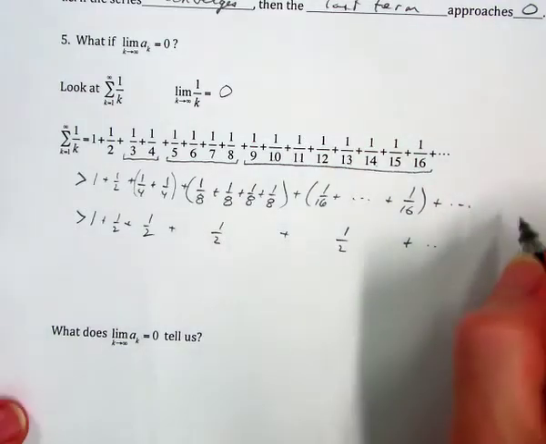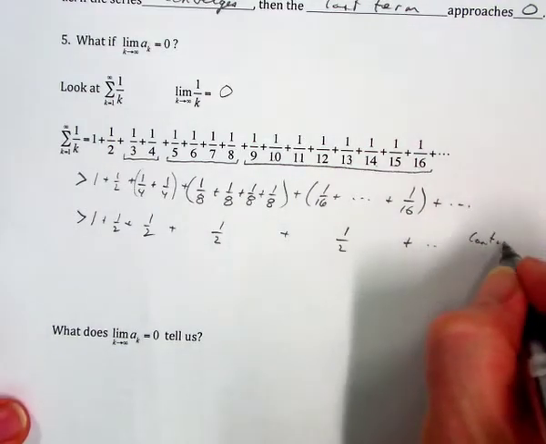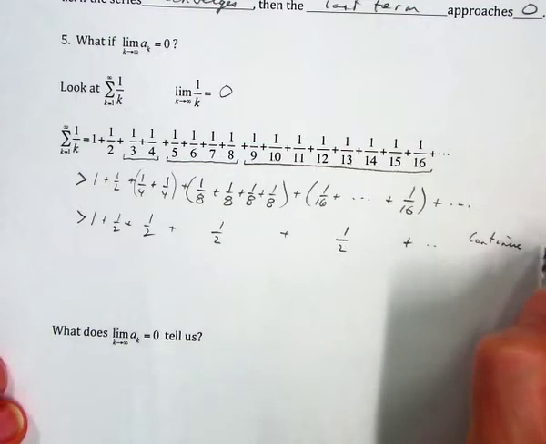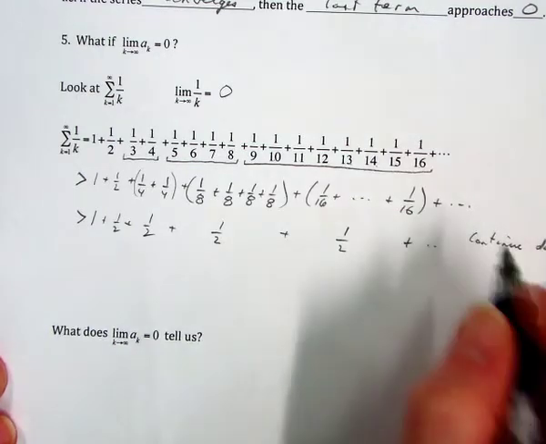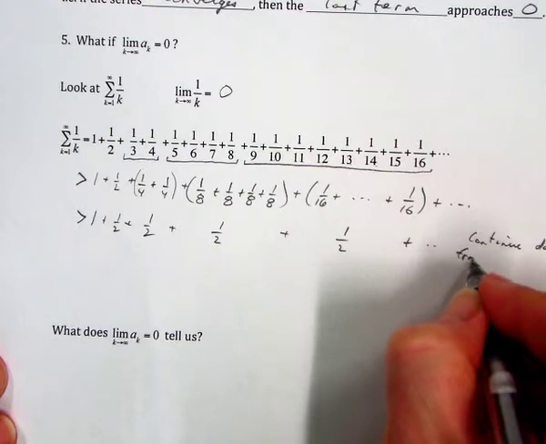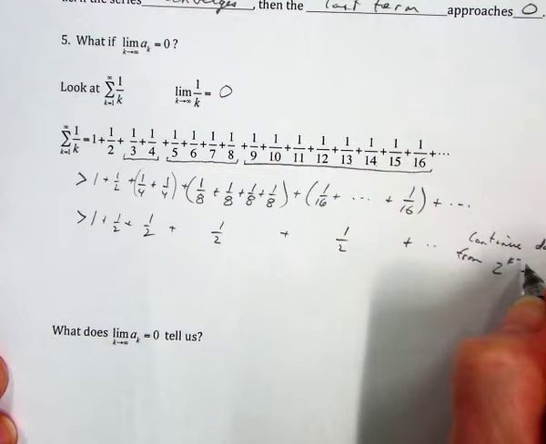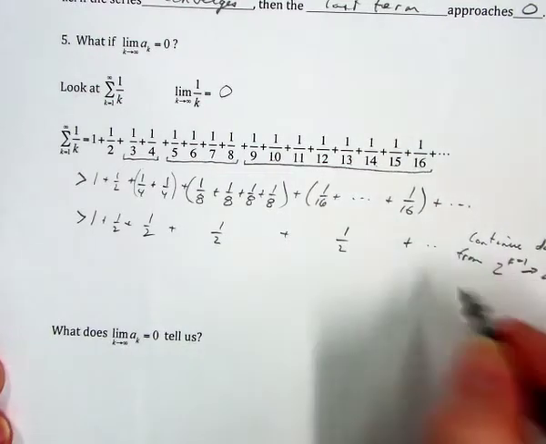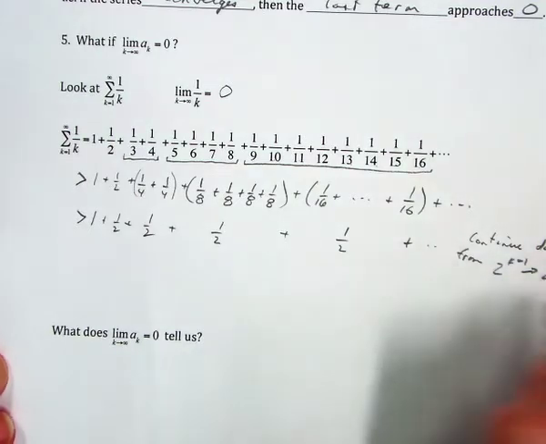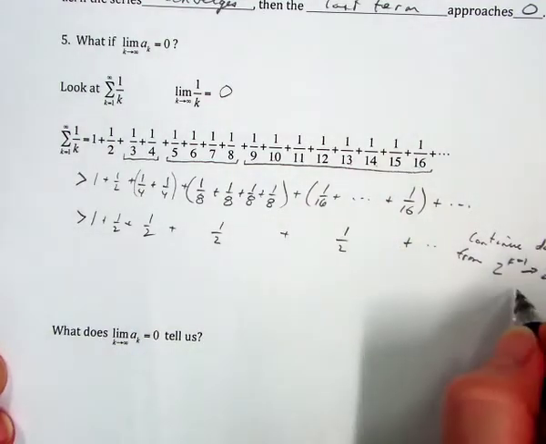We can continue doing this from 2 to the k, well, let's say from 2 to the k minus 1 to 2 to the k. So when we subtract that, that's going to end up giving us our power of 2.